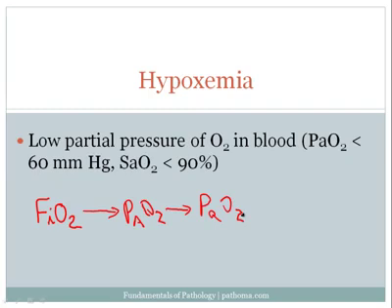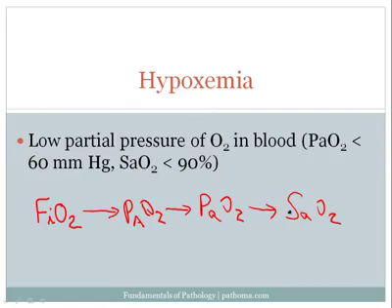And then that PaO2's goal is to squeeze oxygen across the red blood cell membrane to load oxygen onto hemoglobin, creating an SaO2. So this is the sequence of how oxygen is squeezed eventually into hemoglobin.